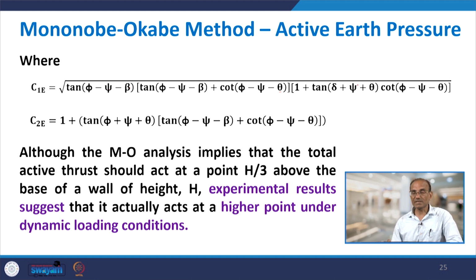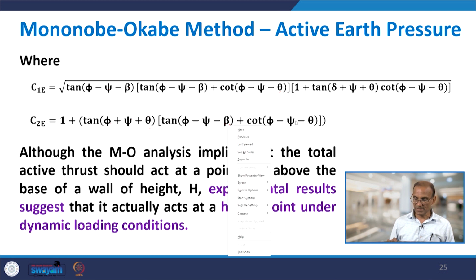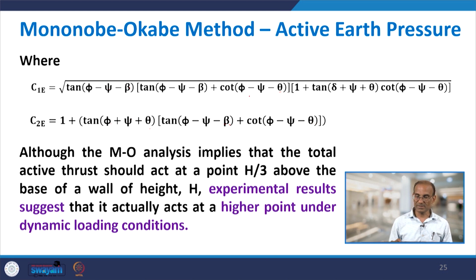So, 5 angles are involved. Similarly, for C2e, there are phi, psi, theta, then beta as the 4th angle, and delta is not coming into this equation for C2e. Delta was coming in the top equation.